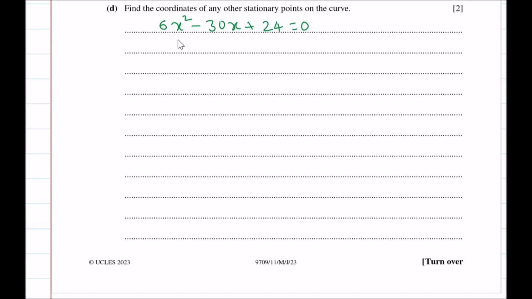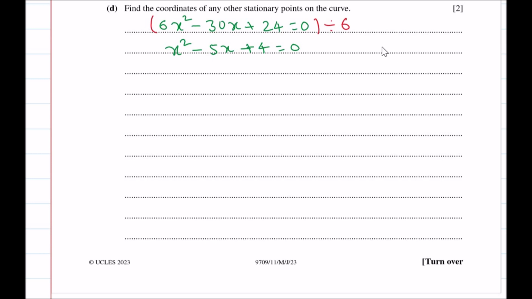Now here the coefficient of x square, x, and the constant term, all the terms are divisible by 6. So what can we do? We can divide every term by 6 so that we have a simplified form. So we get x square minus 5x plus 4 is equal to 0.